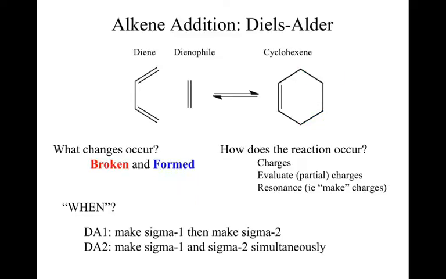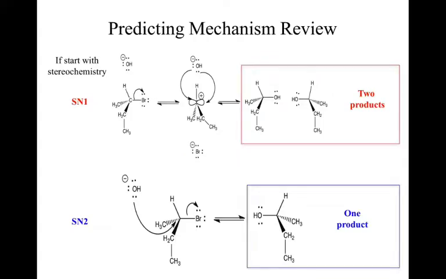So we have 2 possible mechanistic styles for this. We can call this Diels Alder 1: make sigma bond 1, then make sigma bond 2. Or we could call this Diels Alder 2: make sigma bond 1 and sigma bond 2 at the exact same instant. This should ring bells back to our substitution reactions.